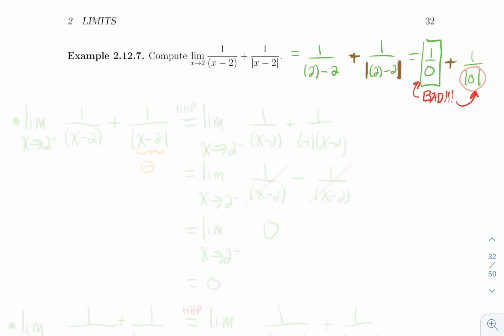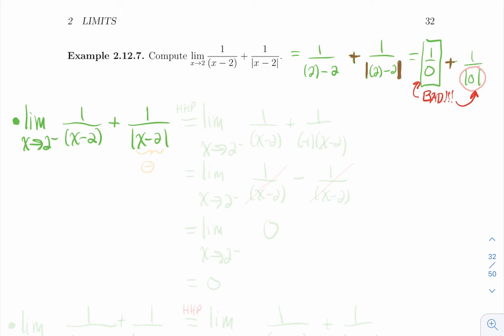So first, let's define these left and right limits. So let's compute the limit as x approaches 2 from the left of 1 over x minus 2 plus, sorry, I said minus earlier, it was a plus here, just a bunch of pluses, plus 1 over the absolute value of x minus 2.